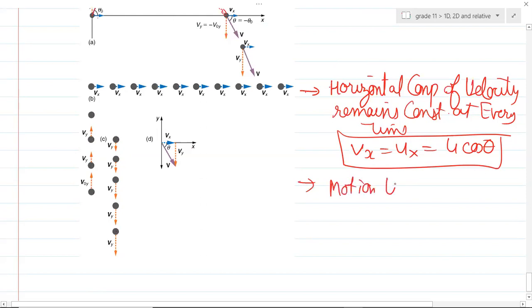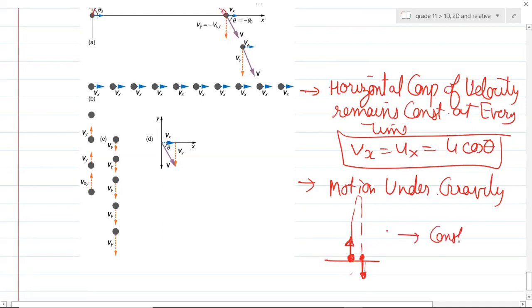Do you remember this motion, when the object just goes up and down, right? Yes or no? So basically, suppose the object is just going up and down, and you push it with a constant horizontal velocity in the horizontal direction.